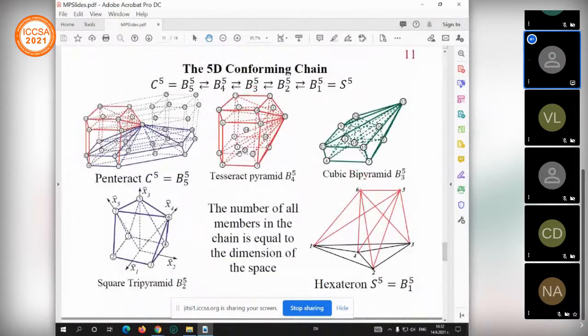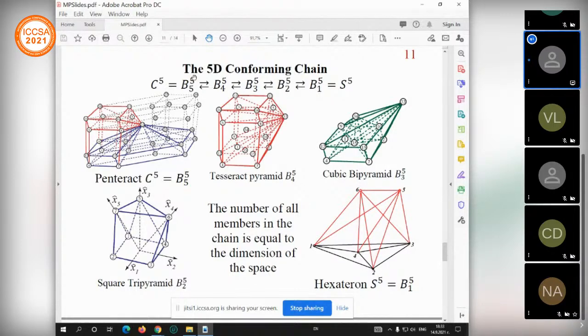Thus, we obtain the 5-dimensional conforming chain. I think that this 5-dimensional example presents the theory in the best way. But to be more comprehensible, I want to present low-dimensional cases.